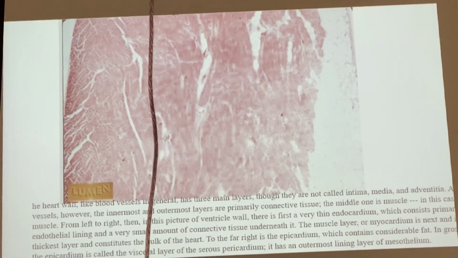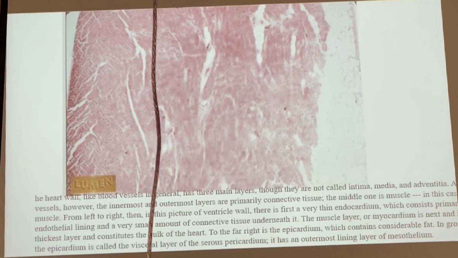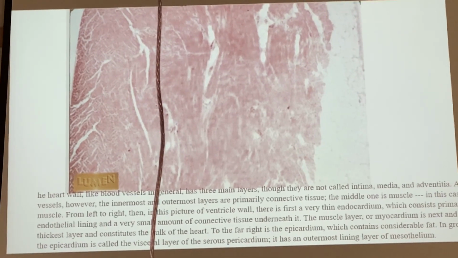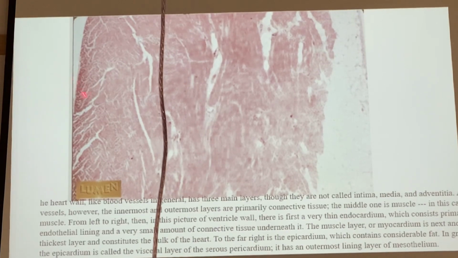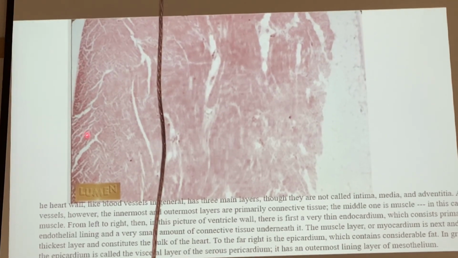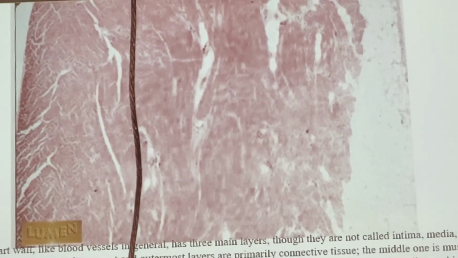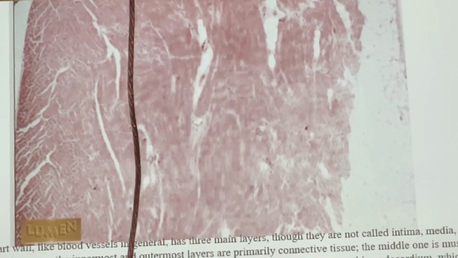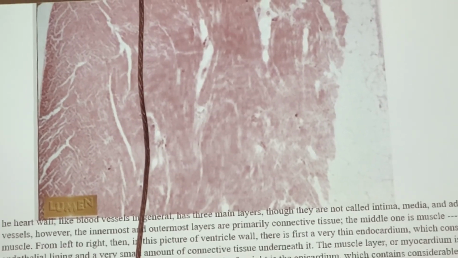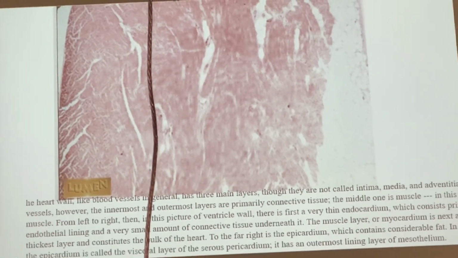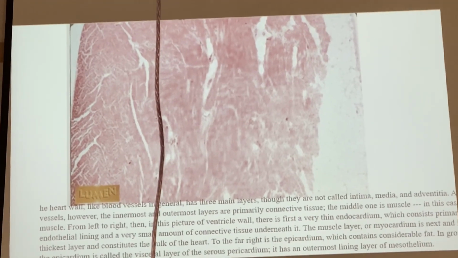In this case, you will see the endocardial region lined with endothelial cells. All the structures inside the ventricle and the atria are lined with endothelial cells.